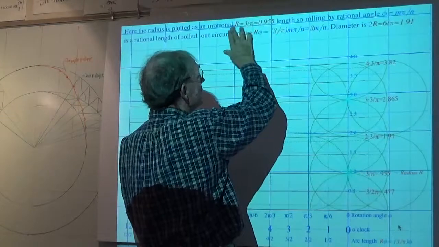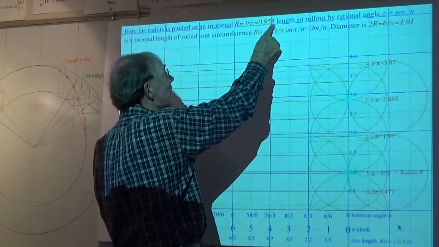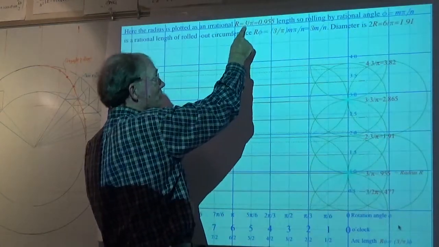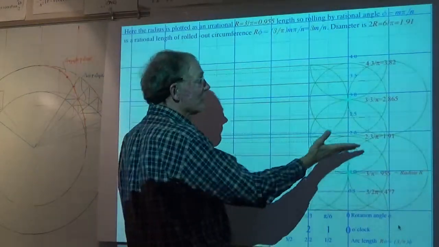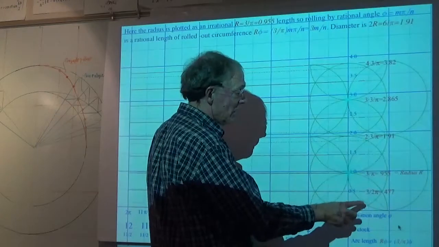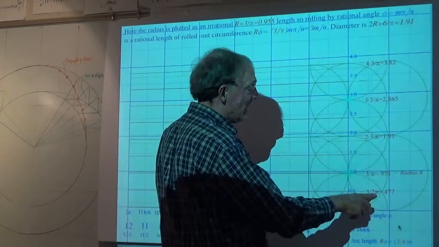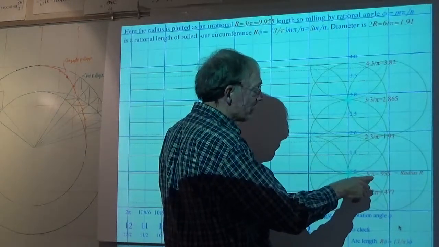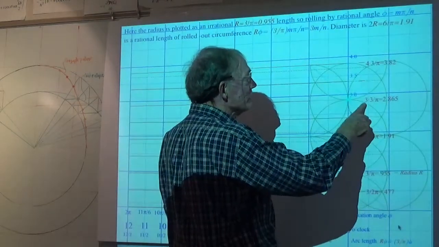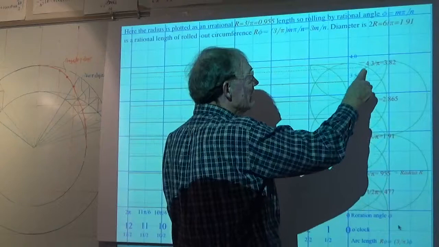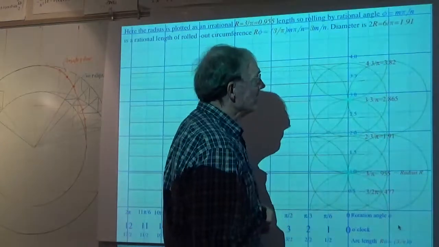And it's this length right here, 0.955, which is the ratio of 3 to pi, that keeps showing up. Multiples of that are showing up here. 3 over 2 pi, then here's 3 over pi, here's 2 times 3 over pi, here's 3 times 3 over pi, and 4 times 3 over pi.